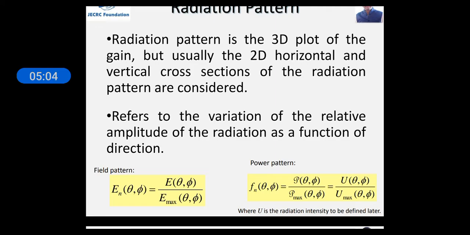At every step difference, we take the observation of received power, and thus we get the gain or field strength ratio with respect to the reference antenna at each and every angle point. Draw it on a 2D polar plot, and we get the radiation pattern.